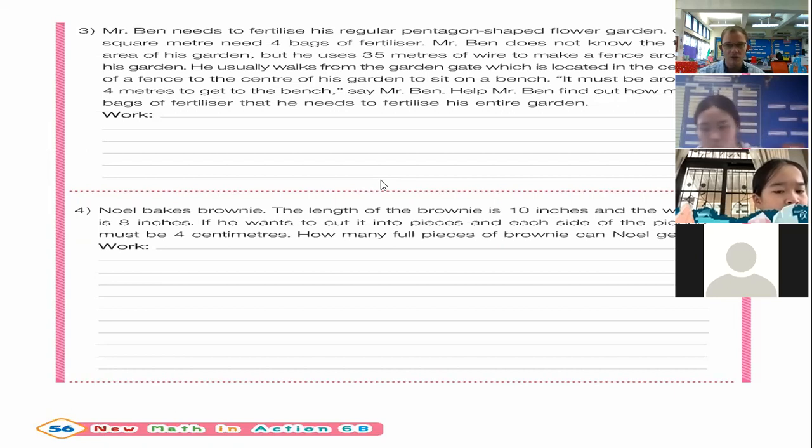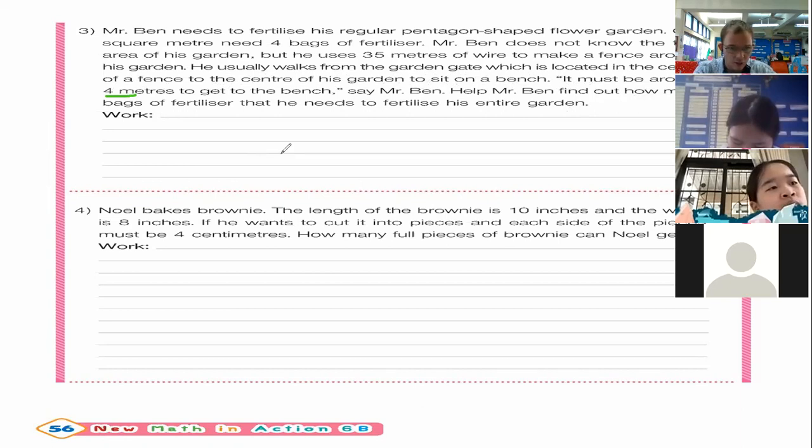Mr. Ben does not know the total area of his garden, but he uses 35 meters of wire to make the fence around his garden. He usually walks from the garden to the gate, located in the center of the fence, to sit on a bench. It must be around 4 meters to get to the bench. Help Mr. Ben find out how many bags of fertilizer he would need to fertilize his garden.